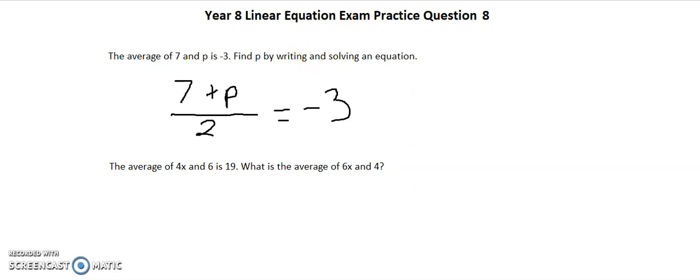So now I just need to work back and solve this. So I need to think about 7 and p are in brackets. I need to get rid of the divide by 2 first before I can do that, which means I'm going to times both sides by 2, the opposite of divide. That gives me 7 plus p is equal to -6.